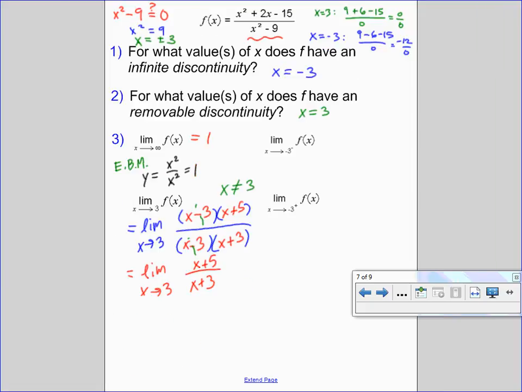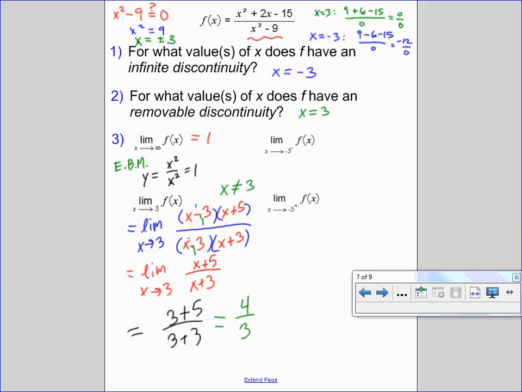And my x value of concern, 3, is in the domain of that. So through direct substitution, I can evaluate this limit algebraically. I get 3 plus 5 over 3 plus 3. That in turn is 8/6 or 4/3. Awesome.